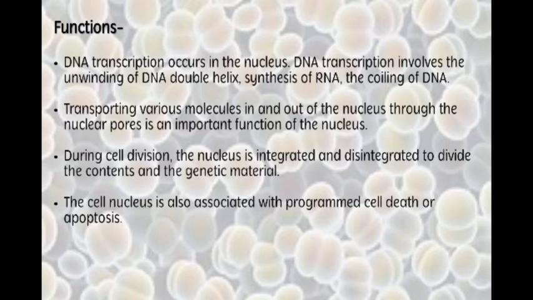The cell nucleus is also associated with programmed cell death, or apoptosis. And in nucleus, newly synthesized mRNA molecules are processed. The newly synthesized mRNA are known as primary transcript or pre-mRNA.